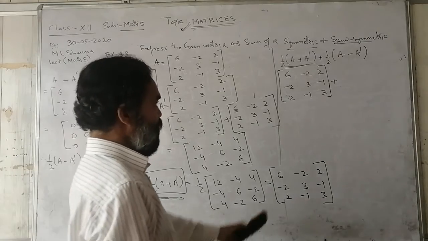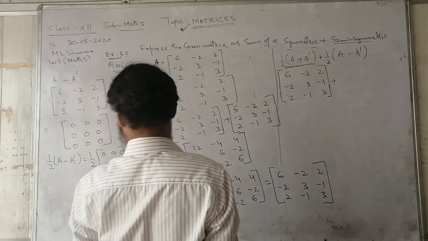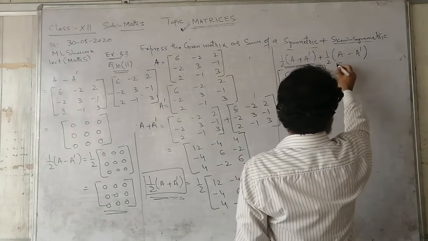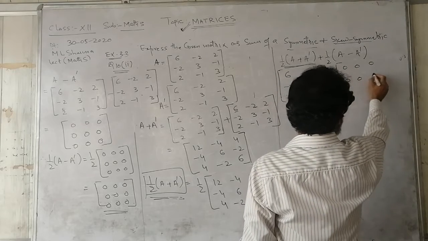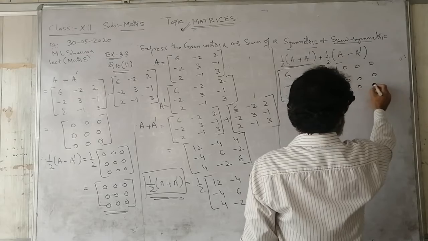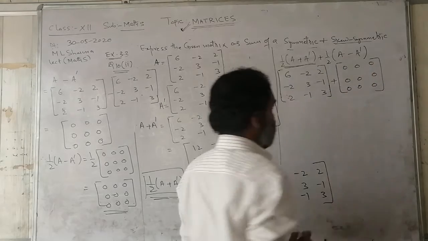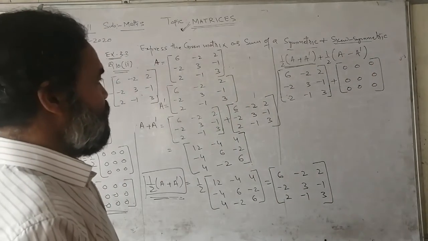Then the other value is the 0 matrix: 0, 0, 0, 0, 0, 0, 0, 0, 0. So both the values I have substituted.